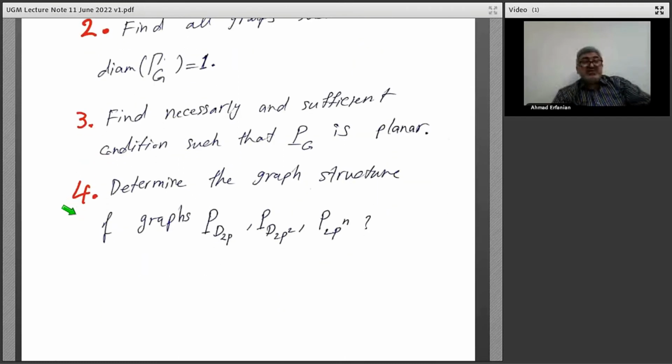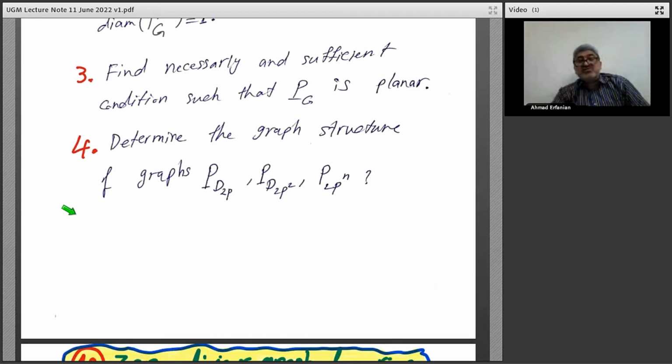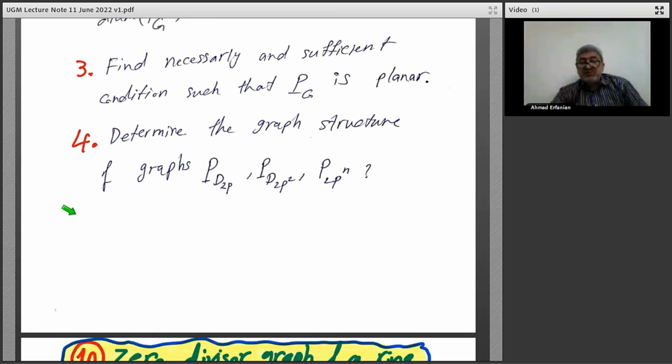Diameter 1 means that the permutable graph is a complete graph. Also find some necessary and sufficient condition for the graph to be planar, and also find the graph structure for some kinds of groups. For example, the dihedral group of order 2 times p, 2 times p squared, and 2 times p to the n.